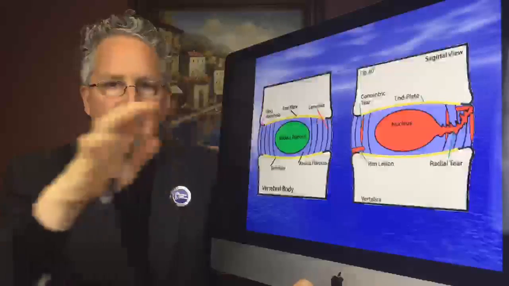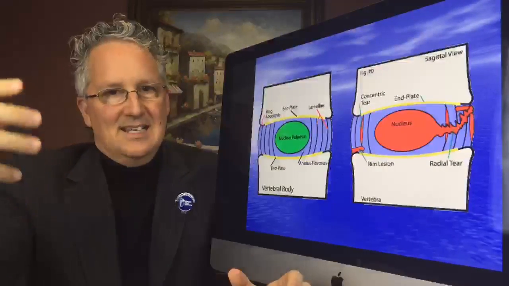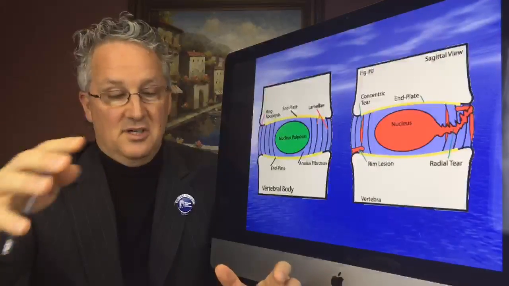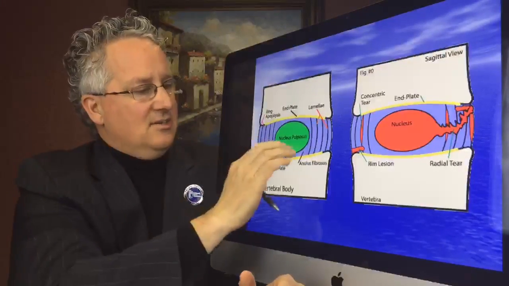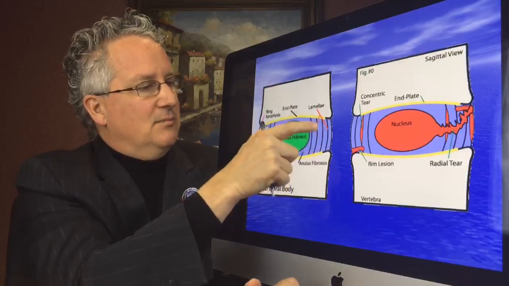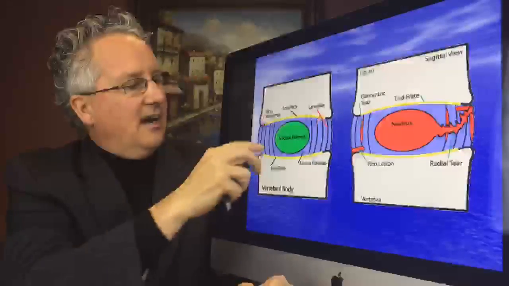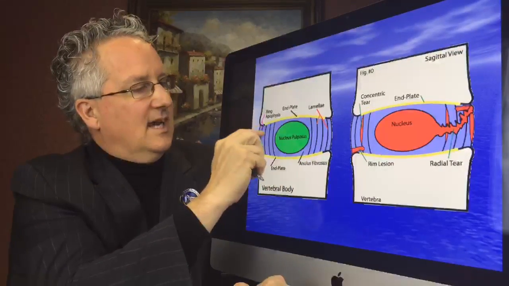And the nucleus gives stability to the disc the same way air gives stability to the tire. So when your tire has the proper amount of air, the tire is stable. Just like the nucleus, when it has the proper amount of fluid, it gives stability to the outer wall. Air gives stability to the outer wall of the tire. The nucleus gives stability to the outer wall of the annulus.